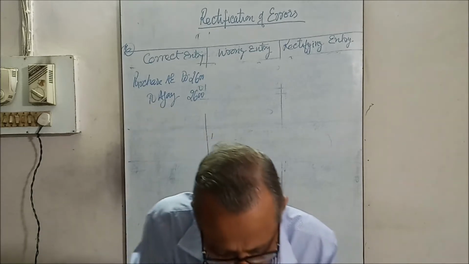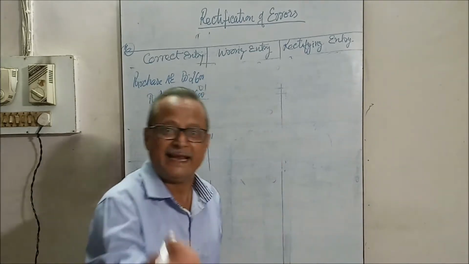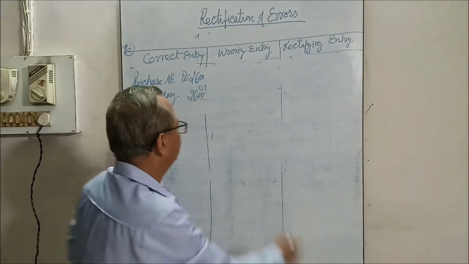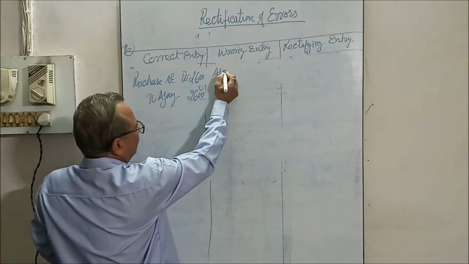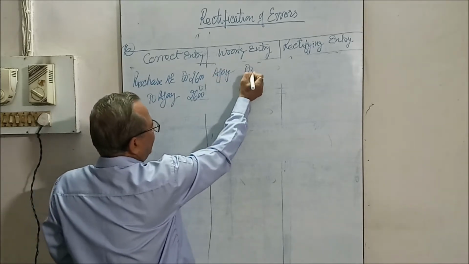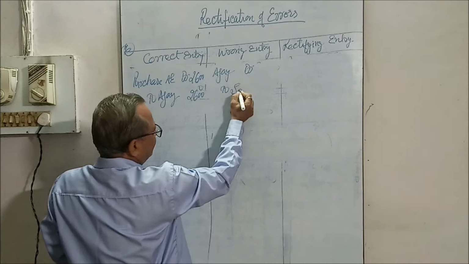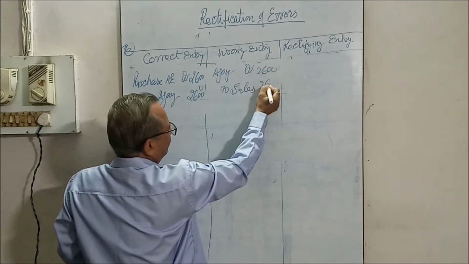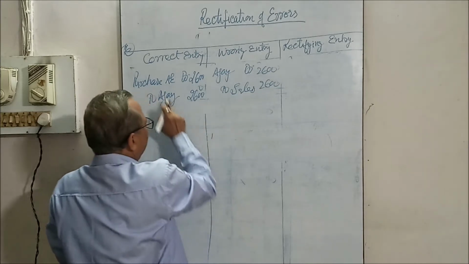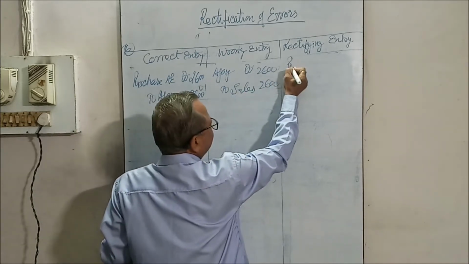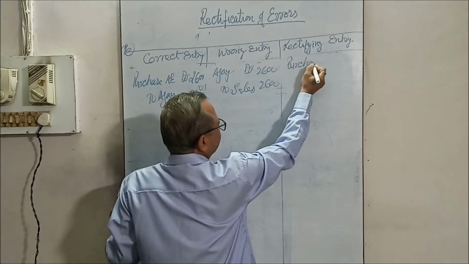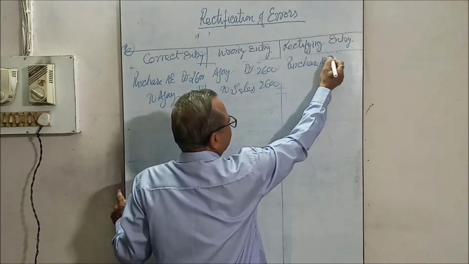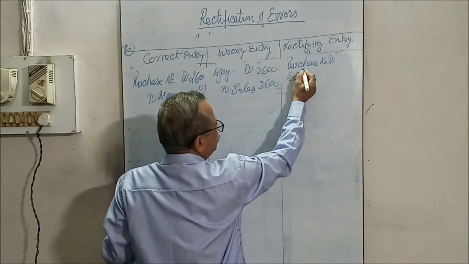But it was recorded in the sales book. It is treated as sales: Ajay debit to sales. Now you know how to rectify. Purchase should be debited. Sales should also be debited.